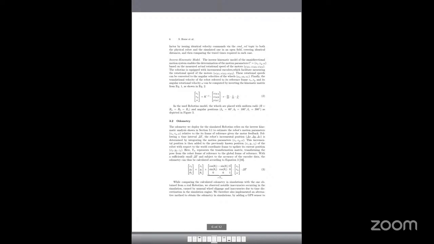So because of that, the wheel slip, time discretization, these type of errors happened in the simulation, we can avoid. So that we will get a proper odometry comparing with the real problem.